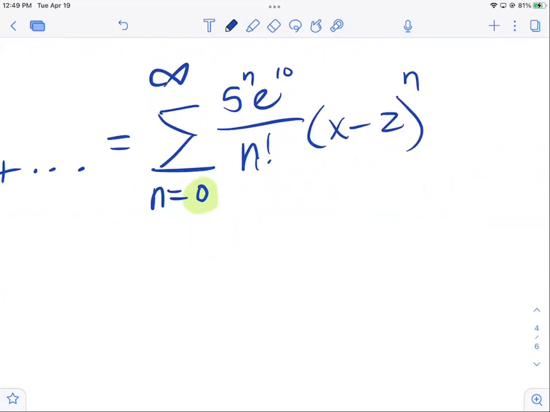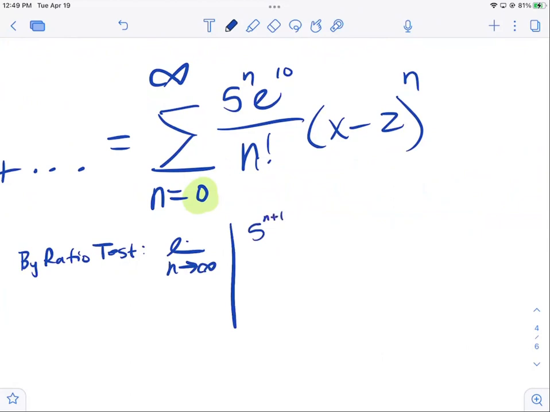What test am I going to use for that? Ratio test. Okay, good. So by the ratio test, we're going to take the limit as n goes to infinity of, it's not an alternating series, but it is an absolute value. So 5 to the n plus 1 times e to the 10th times x minus 2 to the n plus 1.